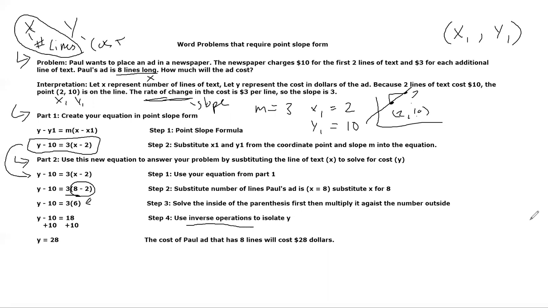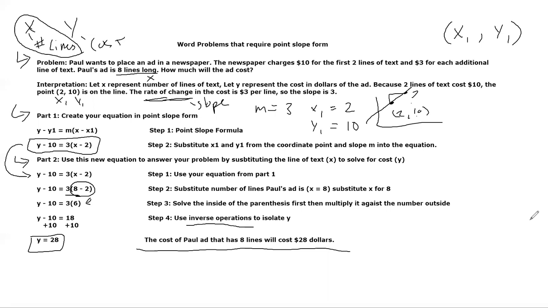So we want to get rid of the 10. Since we have a minus 10, we're going to do the opposite of minus, which is plus. So we're going to add 10 to both sides. 18 plus 10 is 28. Y is equal to 28. And remember, y represents cost, which means the cost of Paul's ad that has 8 lines will cost $28.